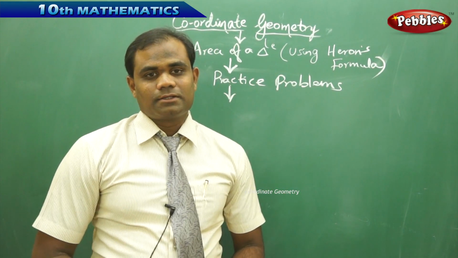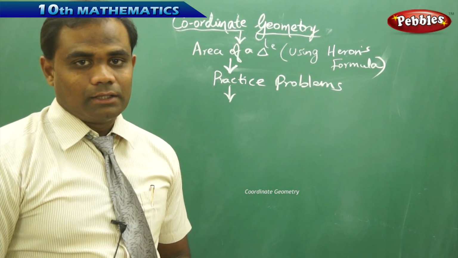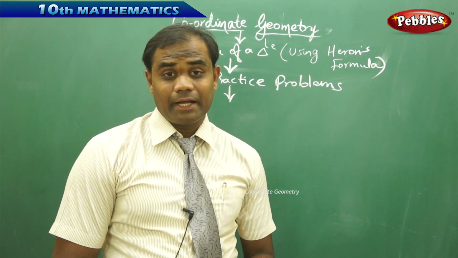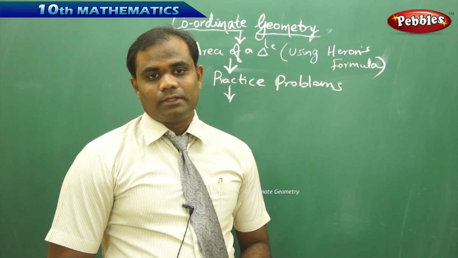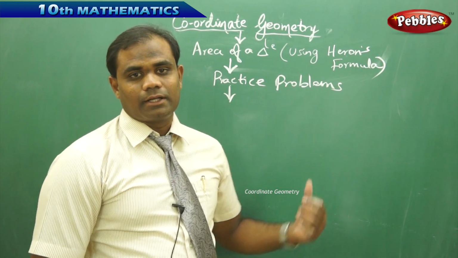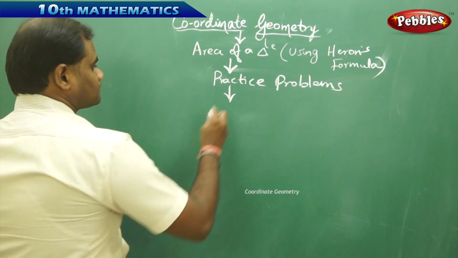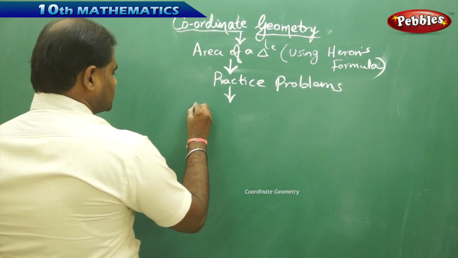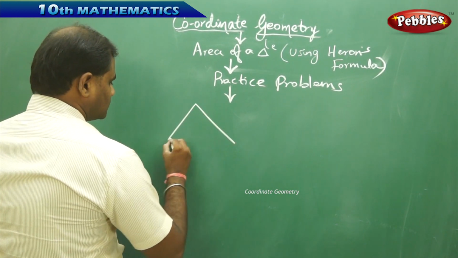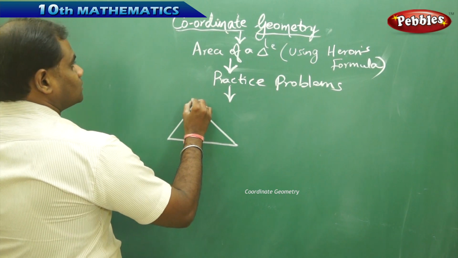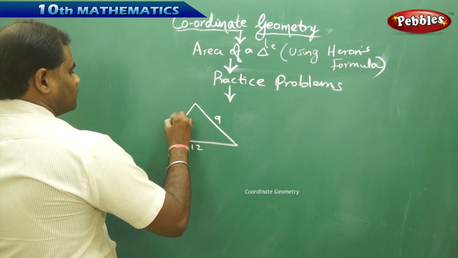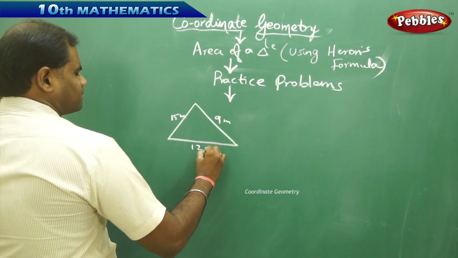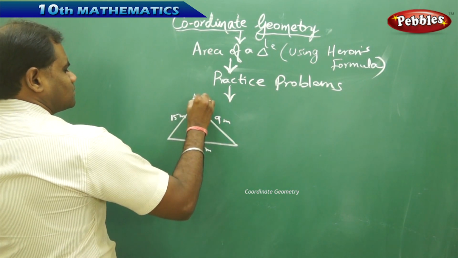So let's find the area of a triangle whose dimensions are given but whose height is not given, using Heron's formula. As a practice problem, let's take an example case. Consider a triangle ABC whose dimensions are given as 12, 9 and 15 meters.